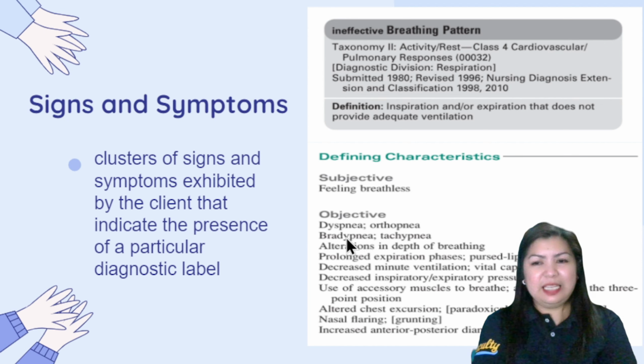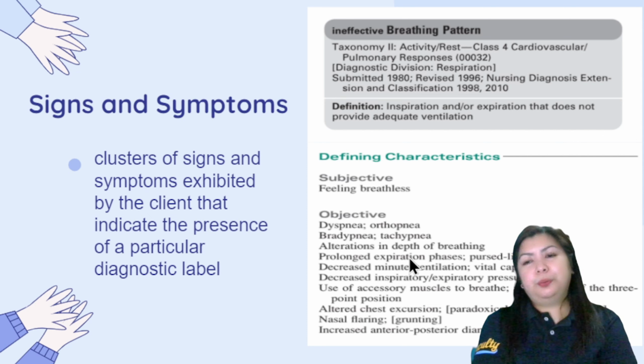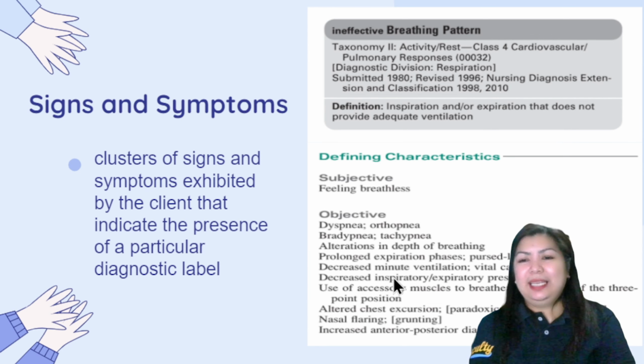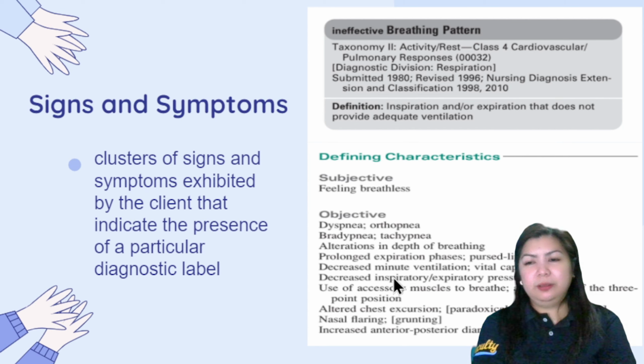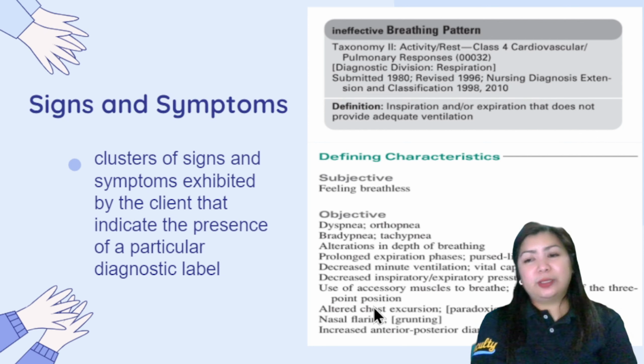You have dyspnea, orthopnea, bradypnea, tachypnea, alterations in the depth of breathing, maybe shallow breathing, prolonged expiration phase, pursed lip breathing, decreased minute ventilation, vital capacity, decreased inspiratory and expiratory pressure, the use of accessory muscles to breathe, the assumption of the 3-point position, or your tripod position.